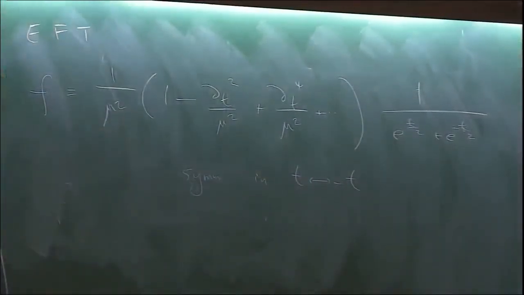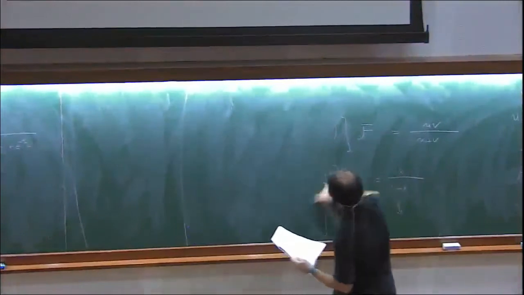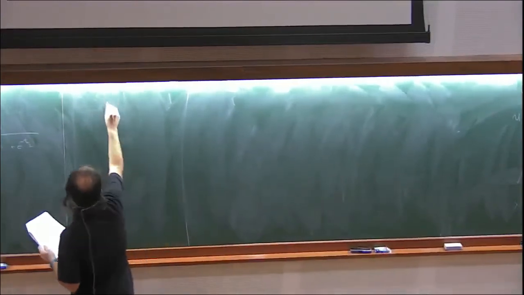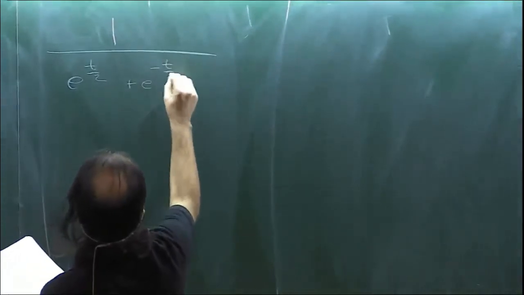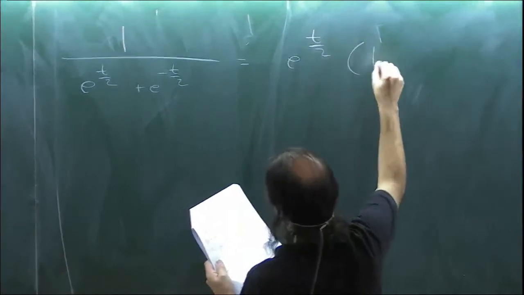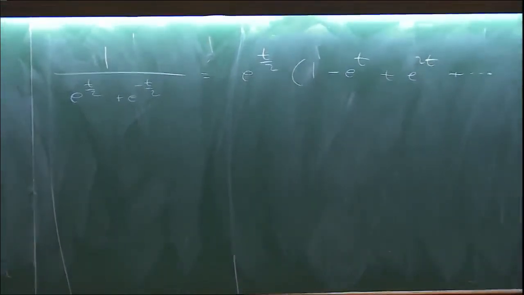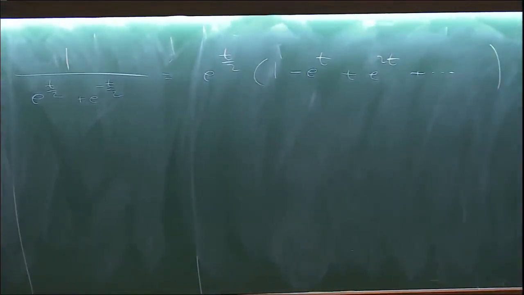So in order to do that, I'm just going to expand 1 over e to the t halves plus e to the negative t halves, which is e to the t halves times 1 minus e to the t plus e to the 2t plus dot dot dot. Okay, remember, t is going to minus infinity here, so this is all going to 0.